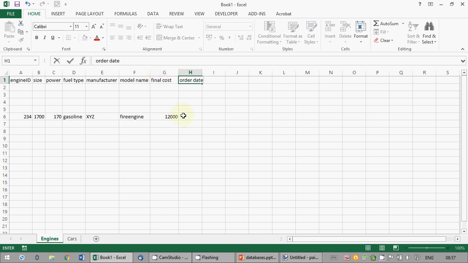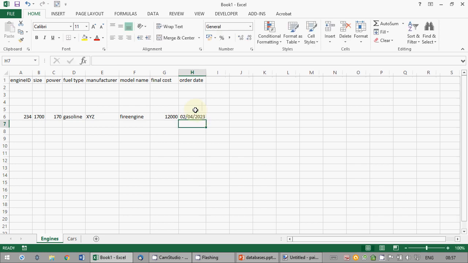So I ordered this car 3 years ago, in 2003 or 2004.